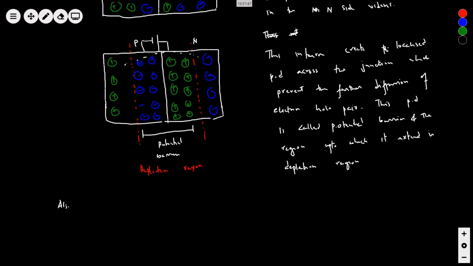Also, due to the potential barrier, an electric field is set up from the n side to the p side.